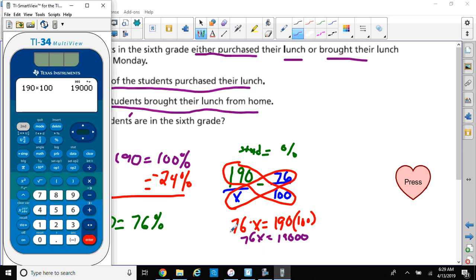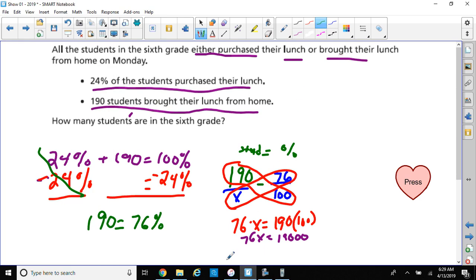Now I've got to figure out what number times 76 is equal to 19,000. Well, I don't have to strain myself. I can work backwards by dividing by 76. So I'll just divide both sides by 76. And I'll need my calculator again, so let me go back and get it.